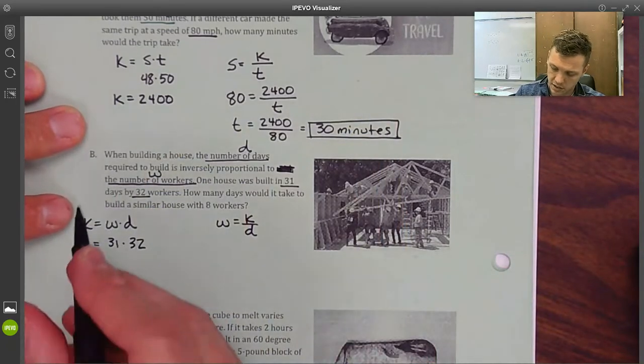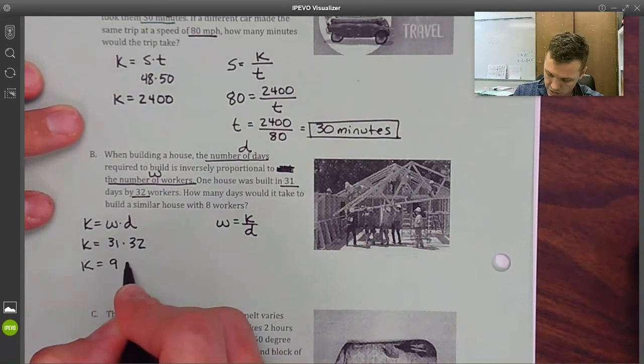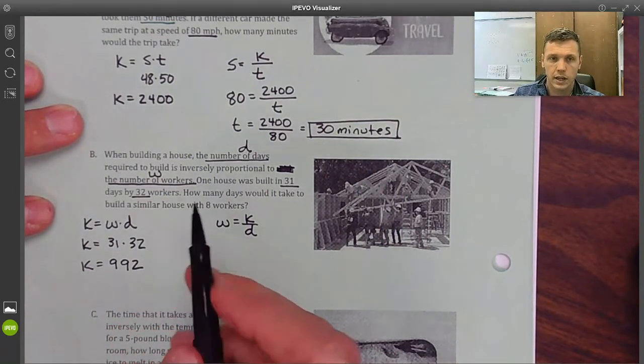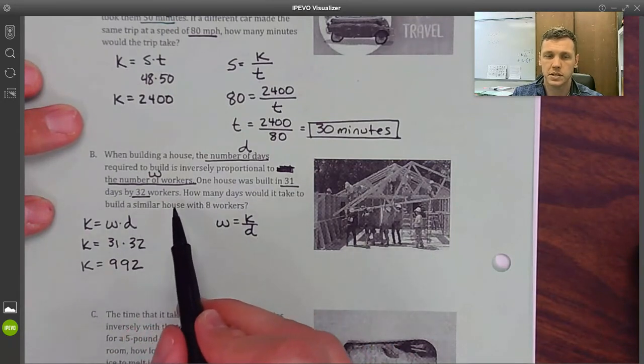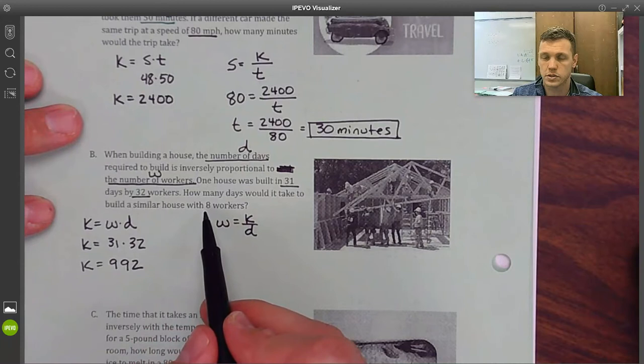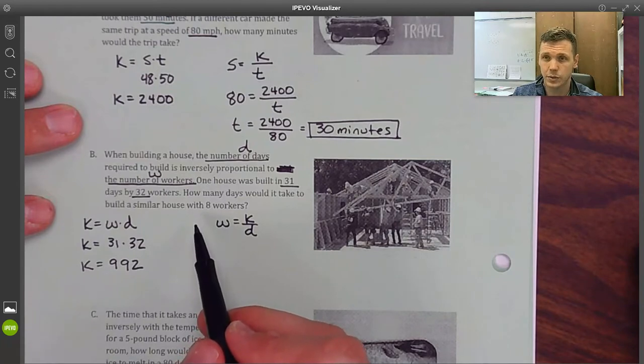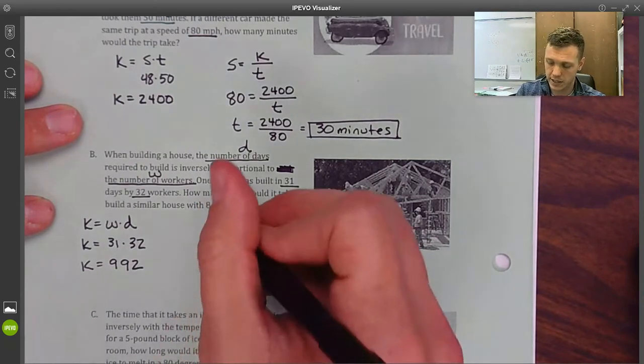So the constant of variation is 992. The question wants us to figure out how many days would it take to build a similar house with 8 workers. Well, if you only have 8 workers, it's going to take a lot more days. Okay, so let's figure out how many.